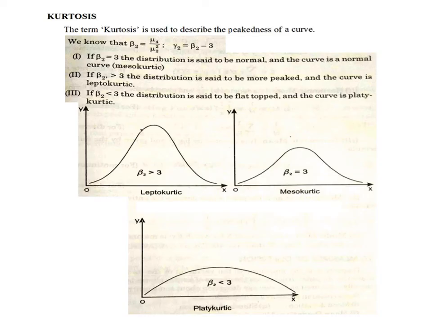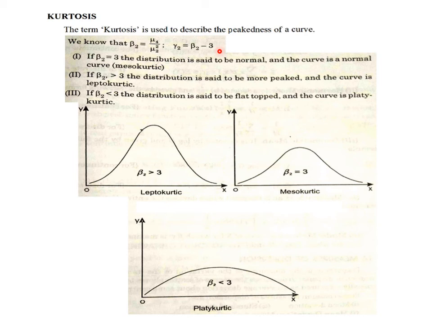Let's define kurtosis. The term kurtosis is used to describe the peakedness of a curve. That means whether a curve is peaked or not, or what kind of peak is there for the curve, and it all depends upon beta 2, mu4 upon mu2 square, or gamma 2, which is nothing but beta 2 minus 3.